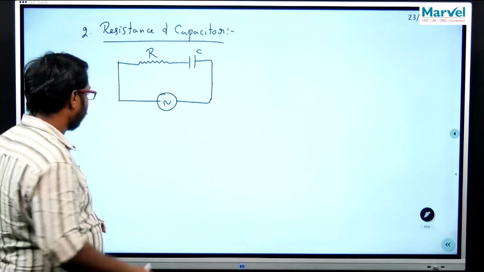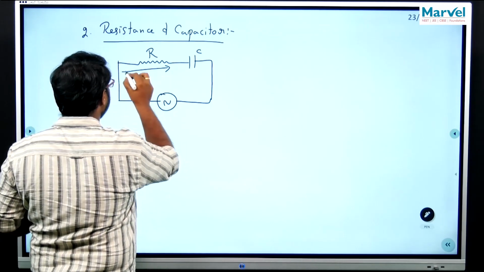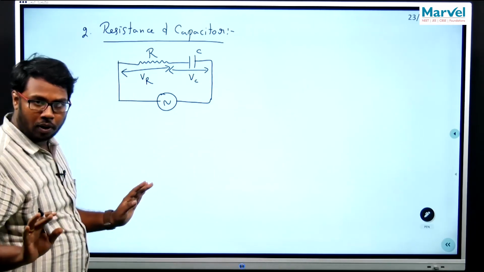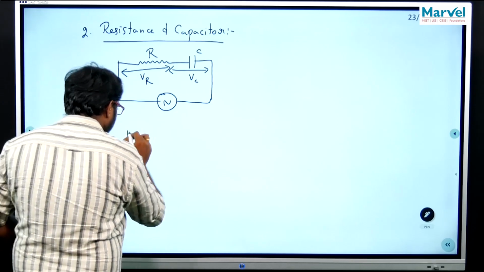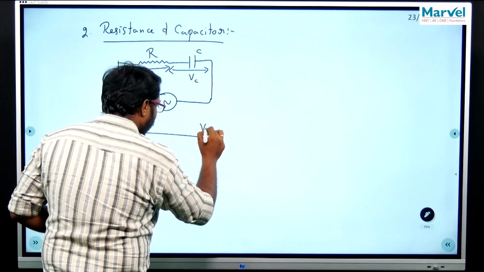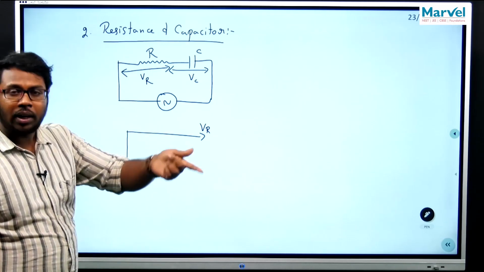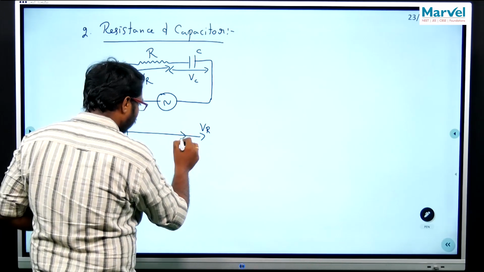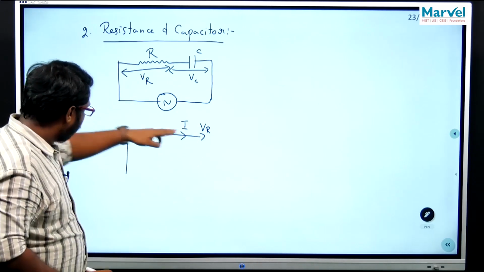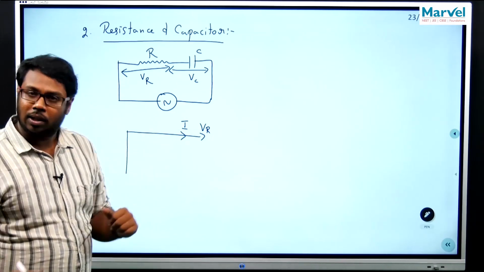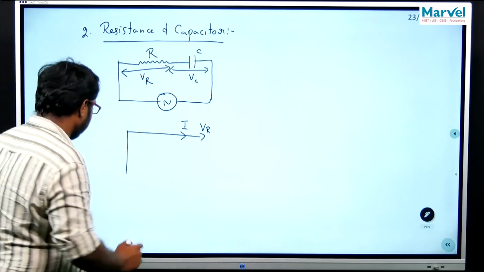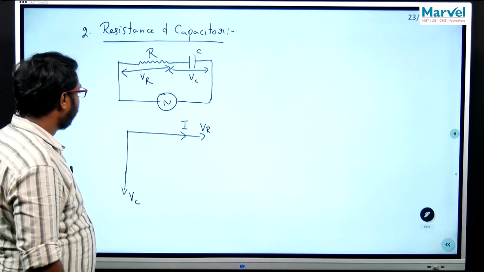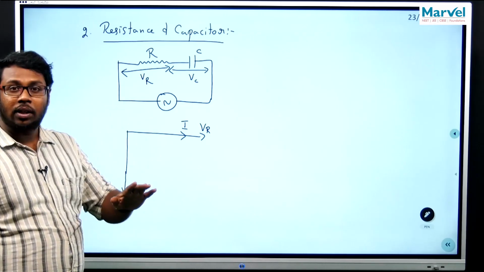The first thing is that the current going through this is going to be the same, whereas the potential drops are different. Since the current going through this is the same, and in the resistance the voltage and current are in phase, the voltage drop on R and I are on the x-axis, whereas the voltage drop on C is out of phase.